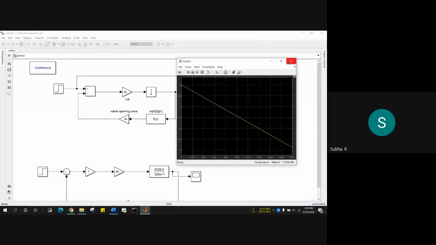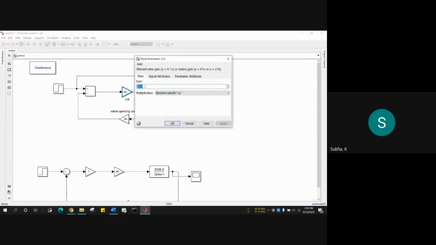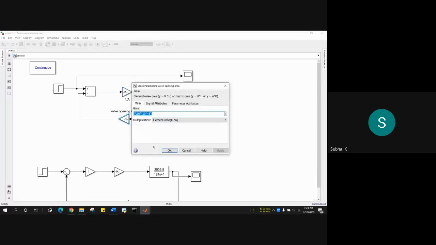Ma'am, it's coming the same even after. What is the value of 1 by A you have given? Okay. What is the valve opening area you have given? 7.96 10 to the power minus 5. Okay. Then what is the square root?